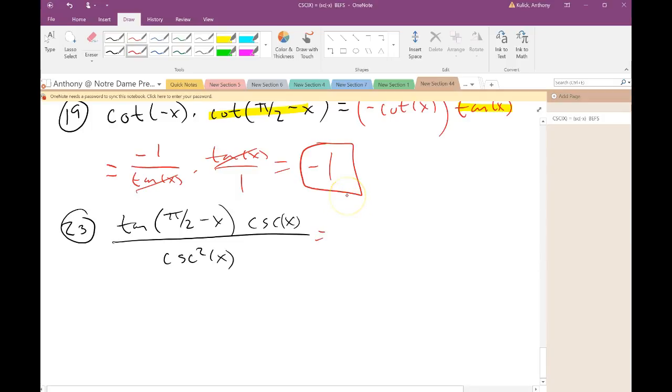Okay, so tangent of pi over 2 minus x is cotangent x. I agree with that. What else? Yeah, so notice I have a cosecant on top and a cosecant squared on the bottom. So I could do that as well. Everybody all good so far? Now what would you like to do?